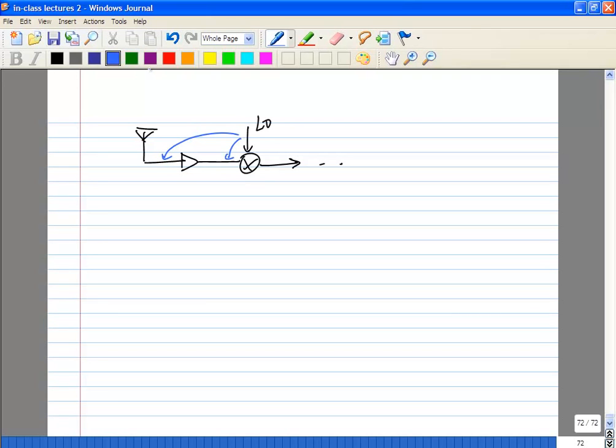LO to the input of the LNA would happen through other means, electromagnetically or through the substrate, so through parasitic paths. Once it gets here, you would see what is called re-radiation. The same signal which comes in, remember it's an antenna, so it radiates out into space. This is called re-radiation.